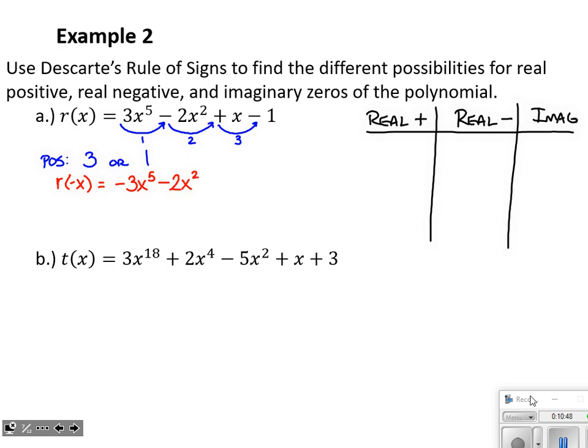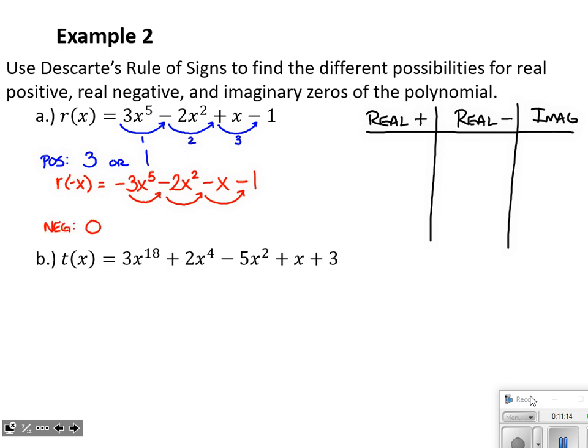If I replace that with a negative x, and then obviously minus 1, there's no x there, so it doesn't change sign at all. So let's see here, I go from negative 3x to the fifth to negative 2x to the second, no sign change there. Negative to negative, negative to negative. So possible negative real zeros are none.